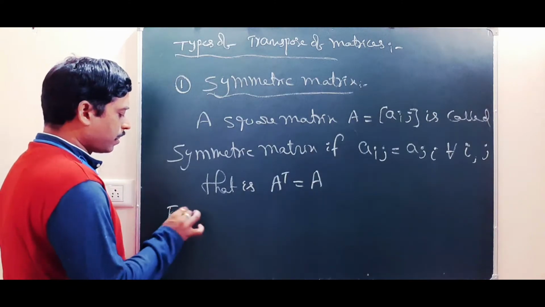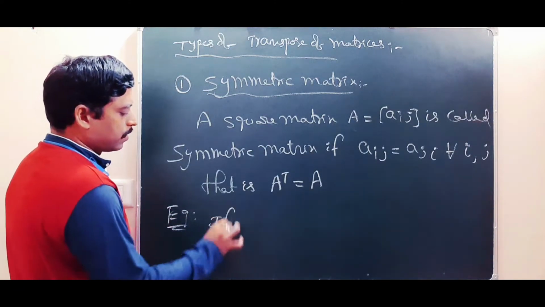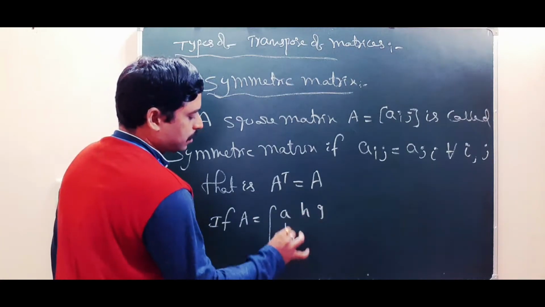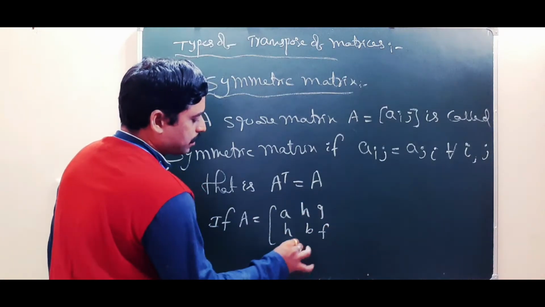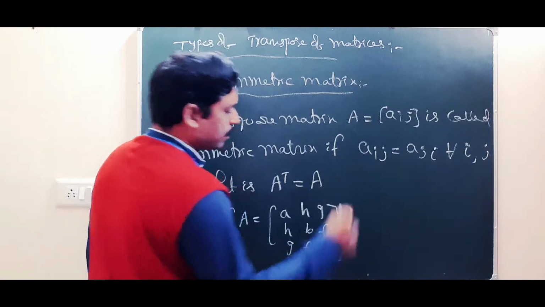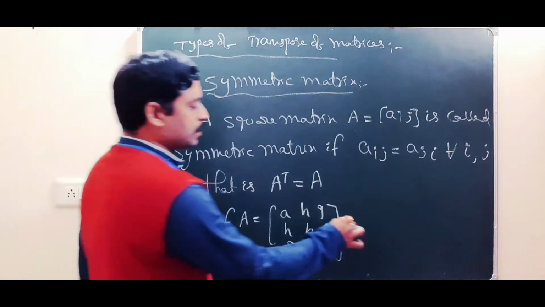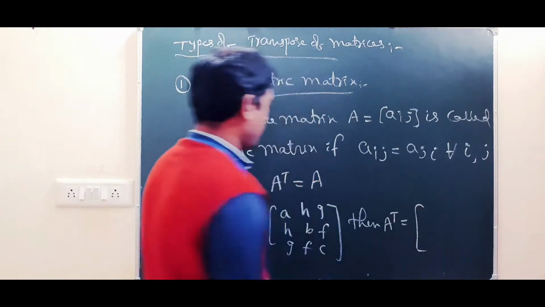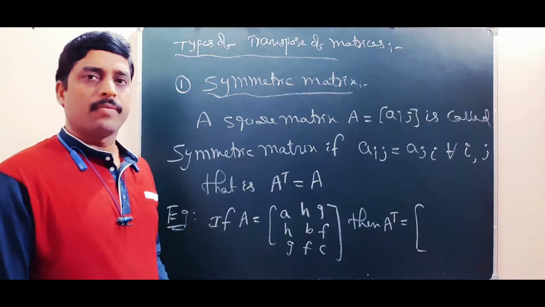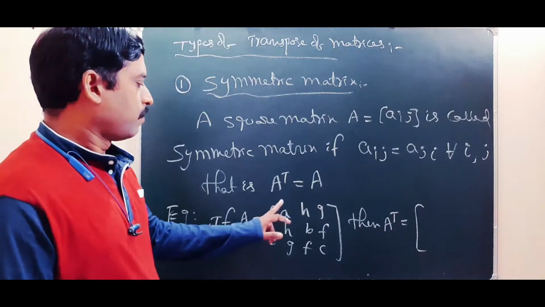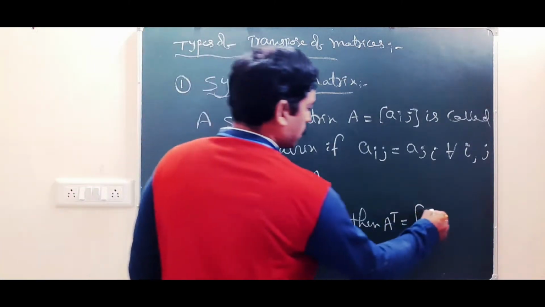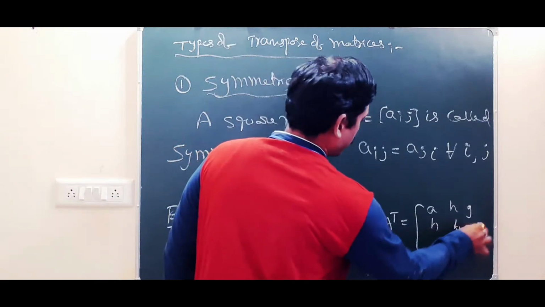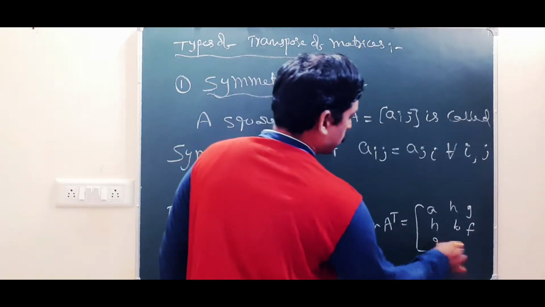Now I give one example. If A is equal to [a h g; h b f; g f c], then what is A transpose? The first column becomes the first row (a h g), the second column becomes the second row and the third column becomes the third row.